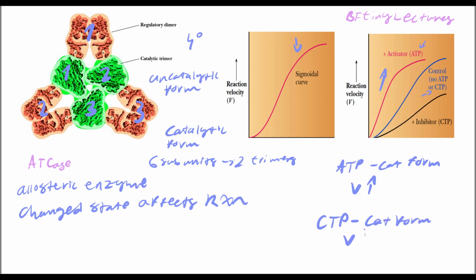So no matter what happens, we're always going to go to a catalytic form, but depending on what we connect with, our catalytic form is going to change the reaction differently. If we attach to ATP, the velocity will increase, which is good. If we attach to inhibitors, the velocity decreases, which is bad. And later on in this video, we're going to go into the mechanics of why inhibitors actually slow down reactions.